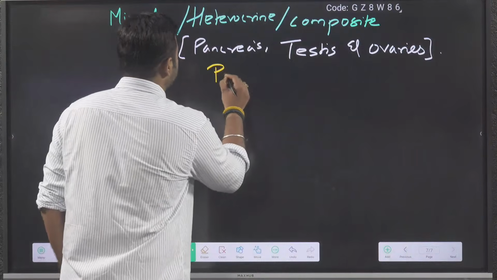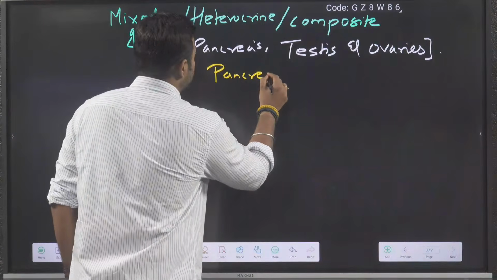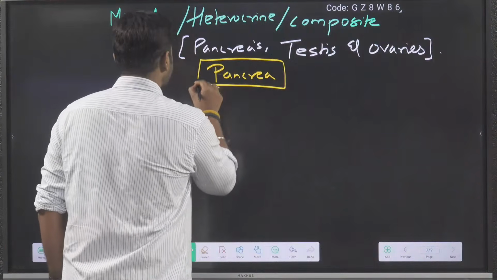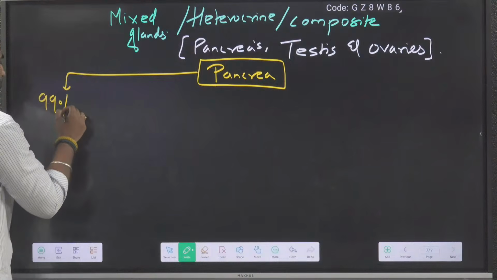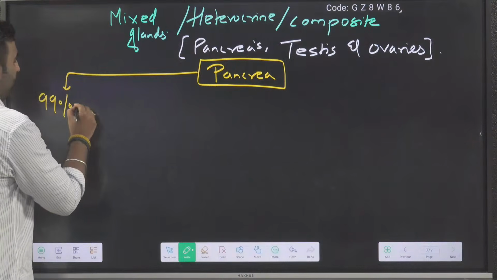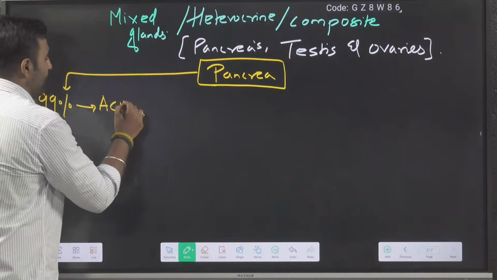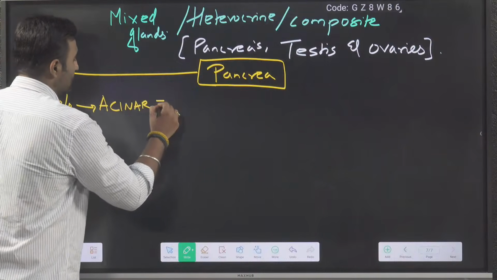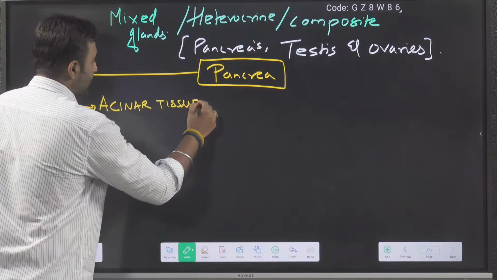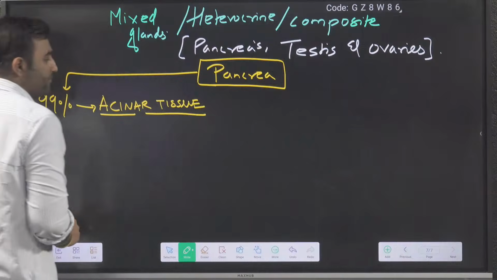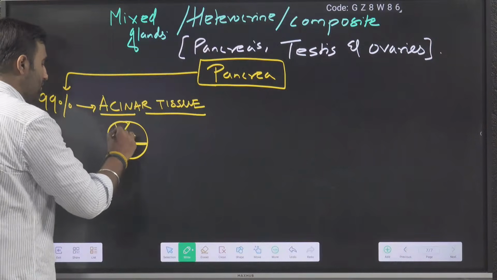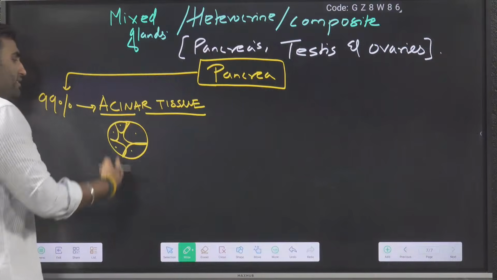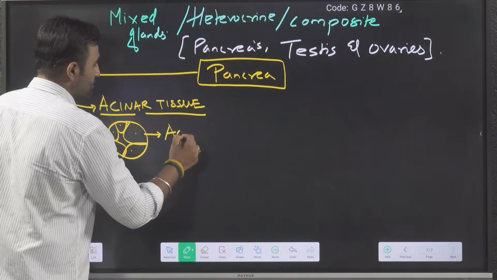Let's talk about pancreas. 99% of the pancreas is made up of the acinar tissue, the acinar cells. This is how one acini appears.